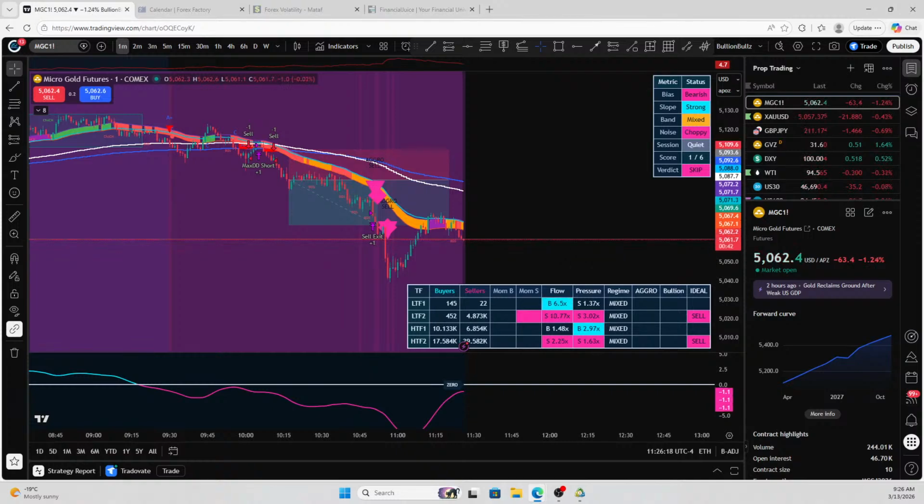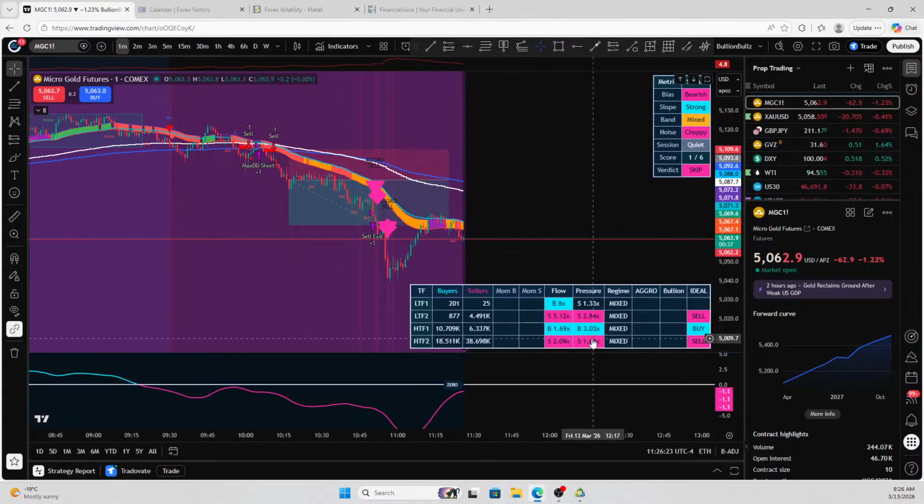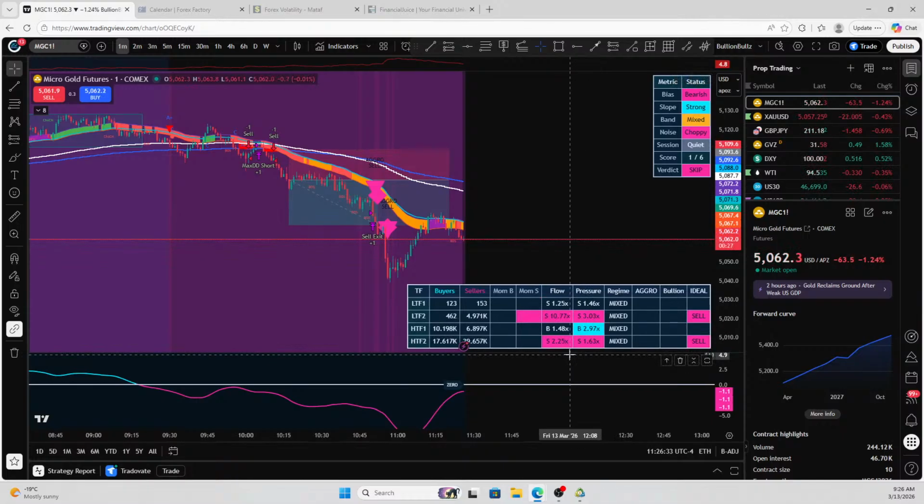Sellers are starting to step back in. However, right now pressure is not 2 yet, it's below 2. So we've got to wait for it to be above 2. So let's wait for now.